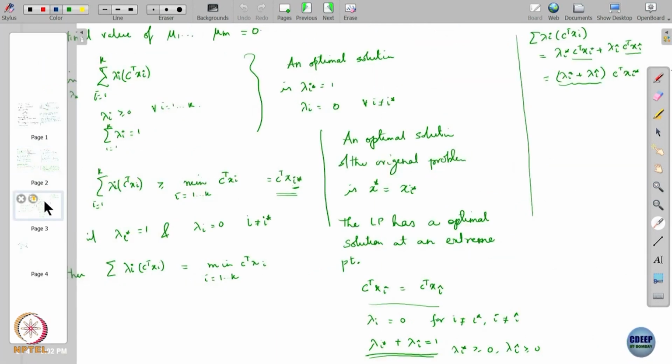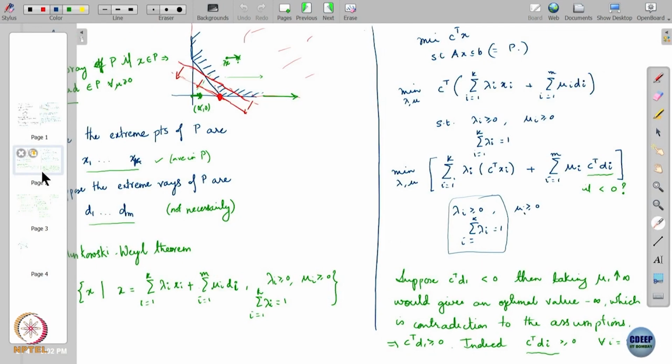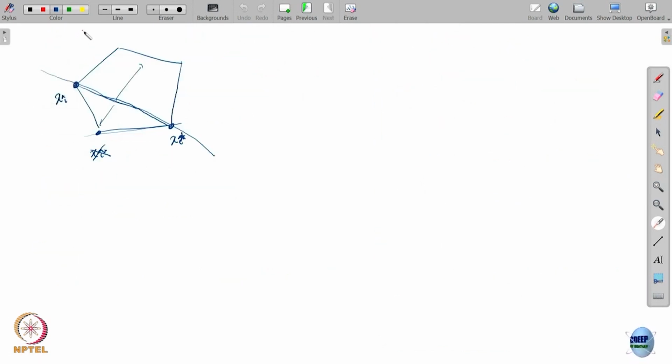So you look at the objective. In that case, the mu would drop out because c transpose d_i is equal to 0, right? So if c transpose d_i is equal to 0 for some i, then what can I take the mu corresponding to that i as? I can take it as anything, right?